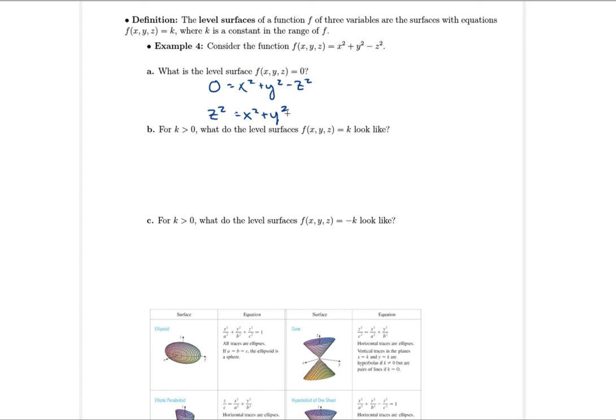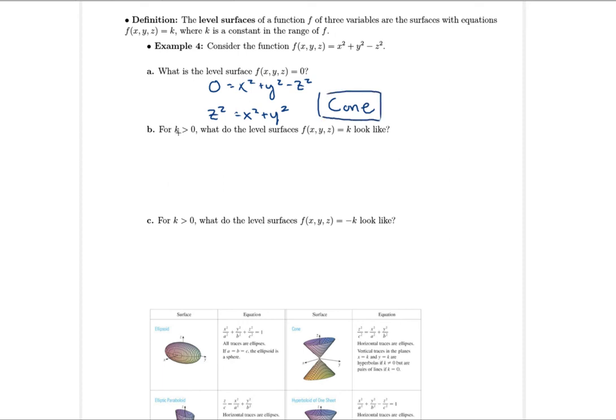And we can go ahead and look down here, and you'll notice that this takes on the form of a cone. So these forms right here match each other. So we'll just make a note that the level surface for this function equaling 0 is a cone.